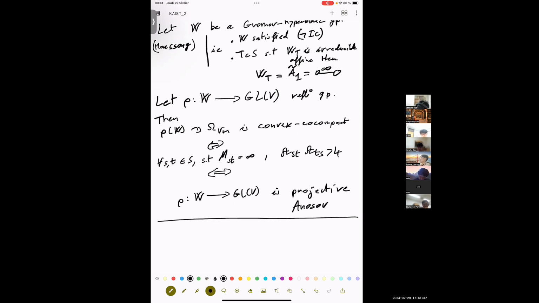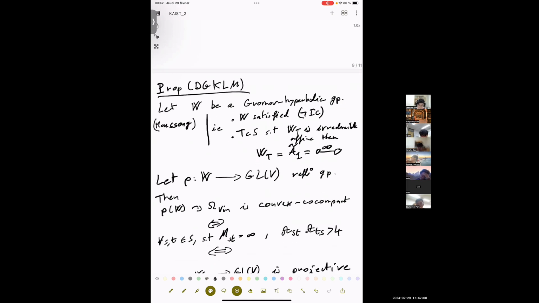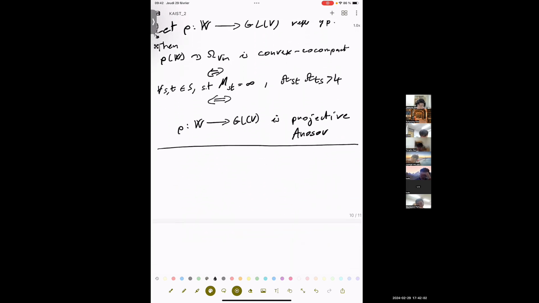So it's an equivalence between being convex cocompact, being projective Anosov, or having a few carefully chosen elements which are proximal, under the very strong assumption that your group is Gromov hyperbolic. Are there any questions?